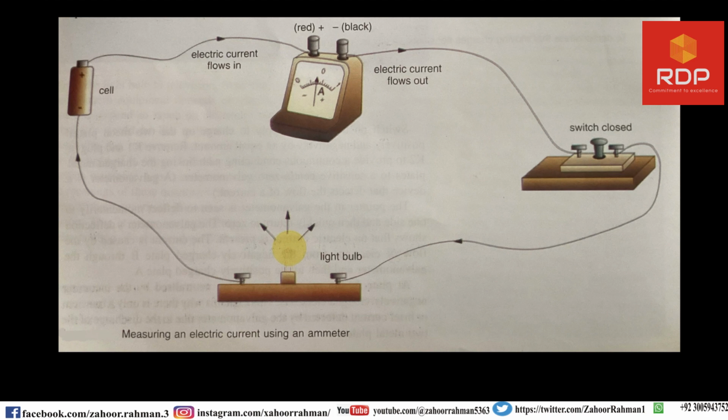To use the ammeter in measurement of an electrical current, this is a very important sentence: the ammeter must be connected in series to the circuit. We will talk about the series and parallel circuits at the end of this chapter.